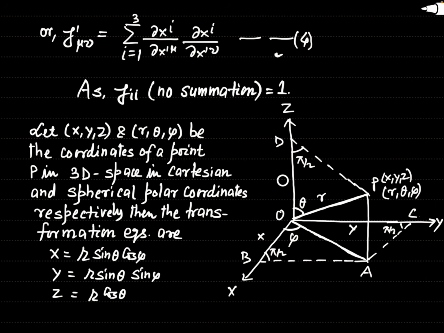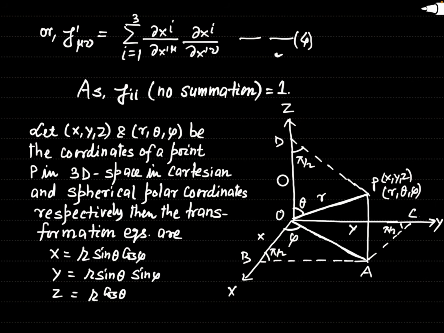So these are r, theta, phi, the spherical polar coordinates of this point P. In my previous lecture on the curvilinear coordinate system, I described the transformation equations between x, y, z and r, theta, phi, and you can watch those videos.